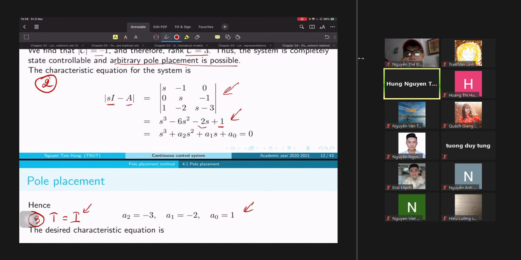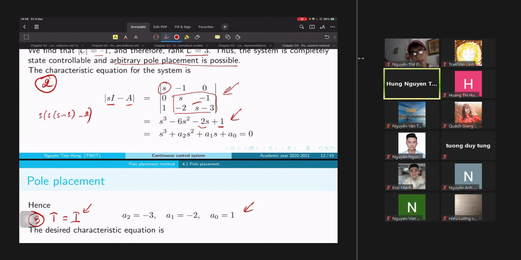Okay, we check. We first start with this, and with this, so we got S multiplied by S minus 3, minus this, A minus 2.